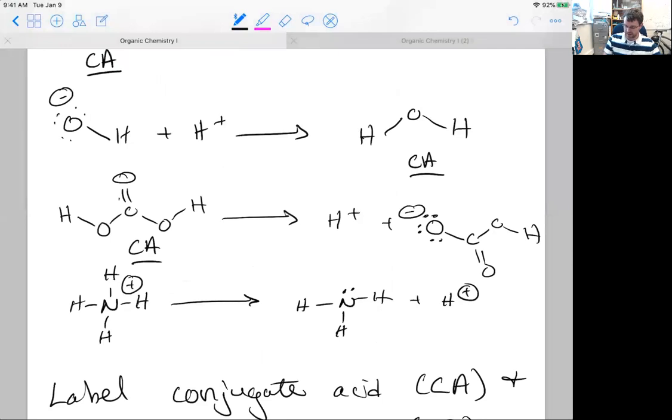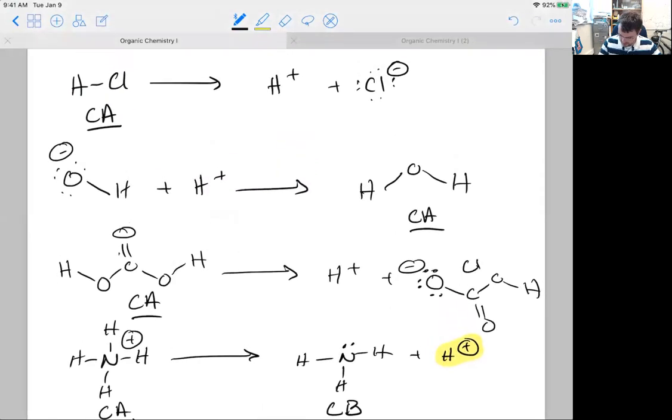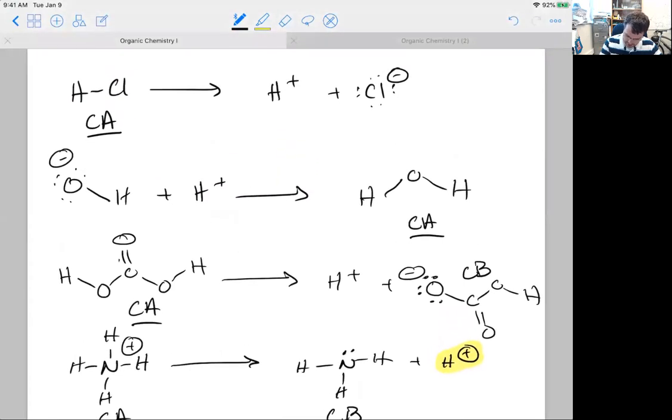For this last case, it is the positive structure. Why? Because that positive structure loses an H+ to give rise to a new structure, which is NH3, and that's going to be its Cb. So labeling the Cb in every case, this is the structure that results from loss of H+, or the structure that would like to pick up H+.